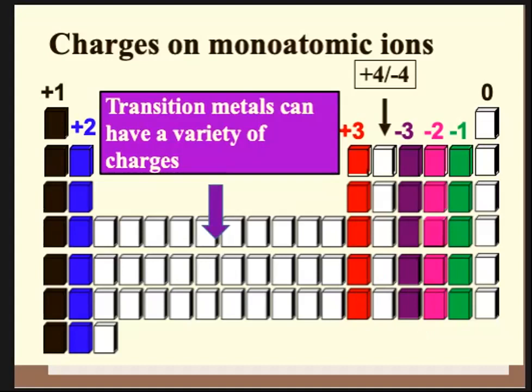Now let's do the formula writing, because we use the charges in writing the formula. Okay? So the goal is to make the compound neutral, which means there should be no charge. The formation of compounds is based on the law of definite proportion.